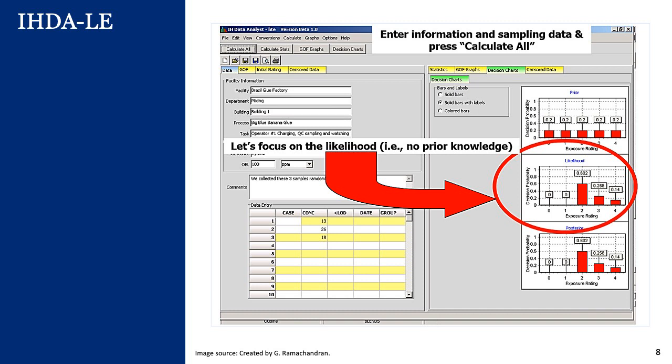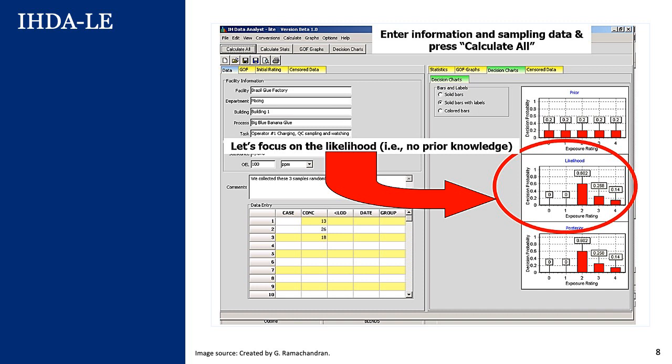And let's start off with a uniform or non-informative prior, meaning that the probability is 0.2 in each of the 5 categories. So at the top left-hand side, you see the Calculate All button. So after entering your 3 data points and the facility information, you can press the Calculate All button, and we can then look at the decision chart.